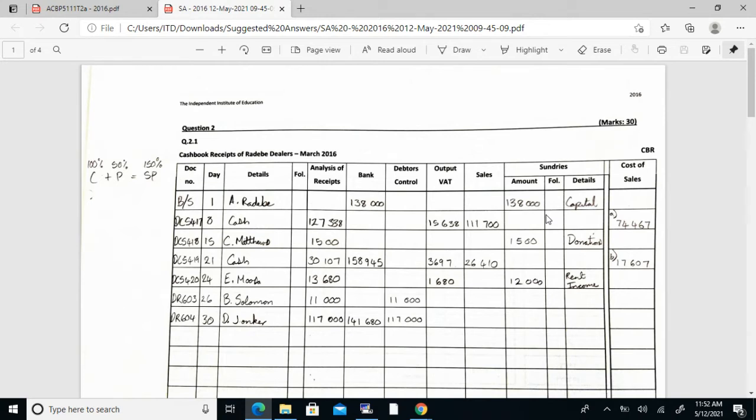Next one, cash sale of trading inventory. CRJ 100%. Next one, received rent income. CRJ. Received a check from E. Solomon in part payment of his account. CRJ, all right.